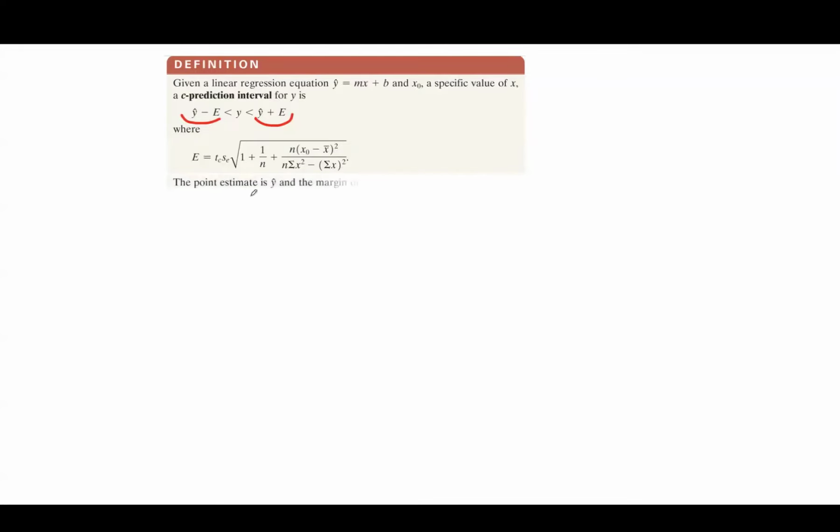The point estimate is y hat, and the margin of error formula is given to you here. The probability that the prediction interval contains y is c, the level of confidence, assuming that the estimation process is repeated a large number of times.